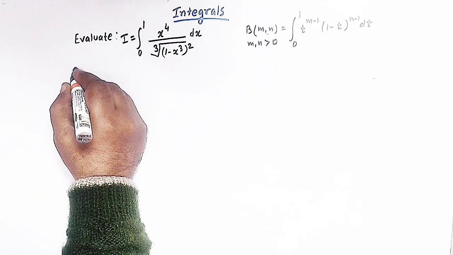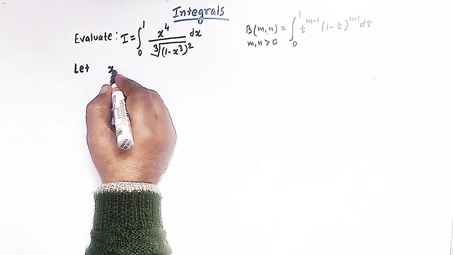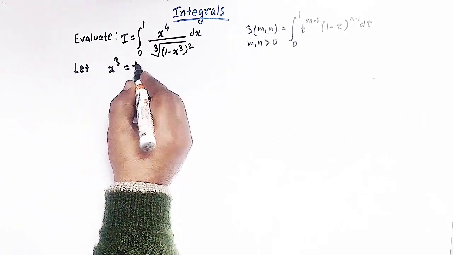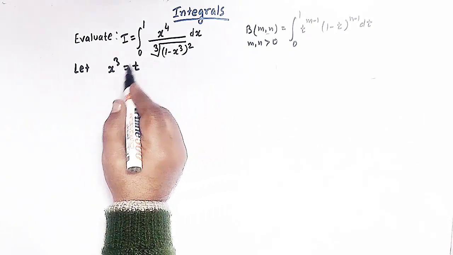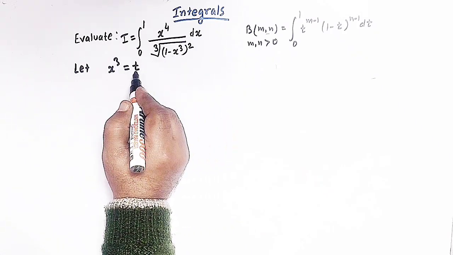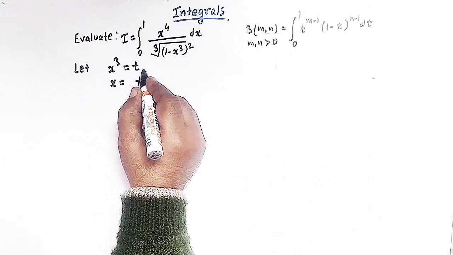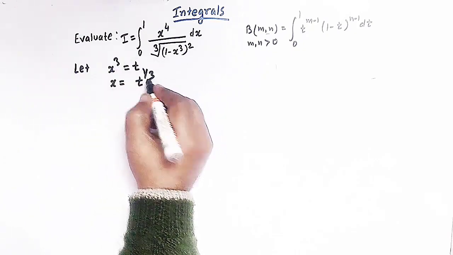So now let us substitute here x cube is equal to t, right? So here we'll introduce this variable t such that x cube is equal to t, or x is equal to the cube root of t, right?